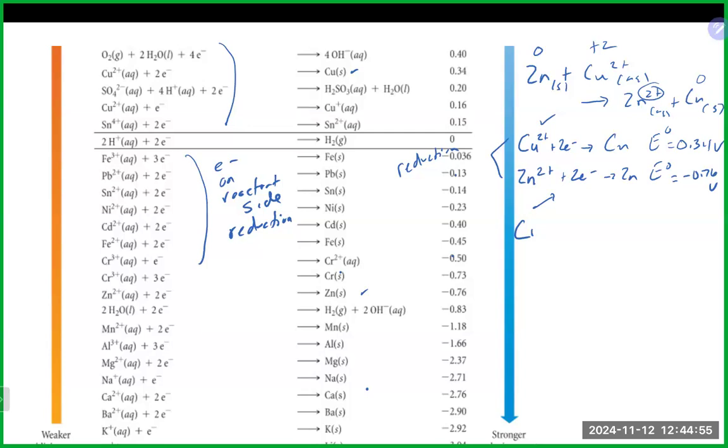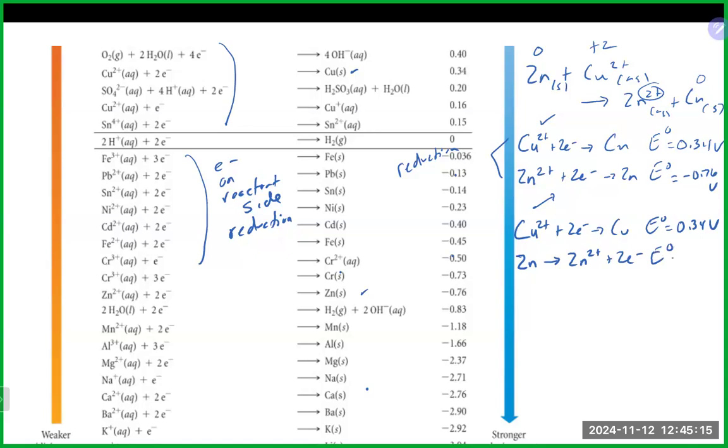So if I take my copper and leave it alone, since I left it alone, the E will be 0.34 volts. I flip my zinc to look like this, which is actually my oxidation reaction.